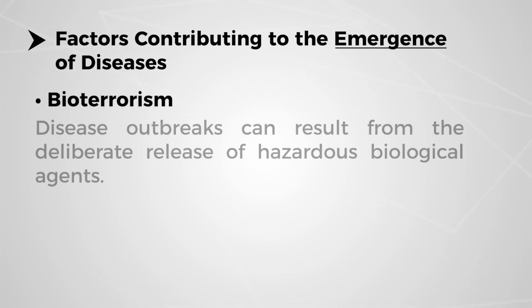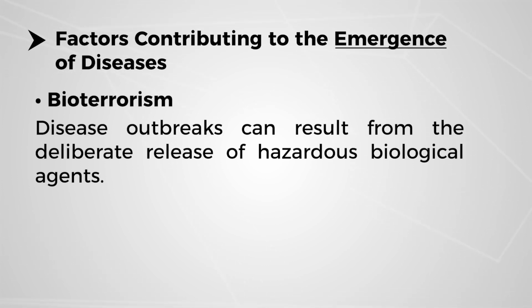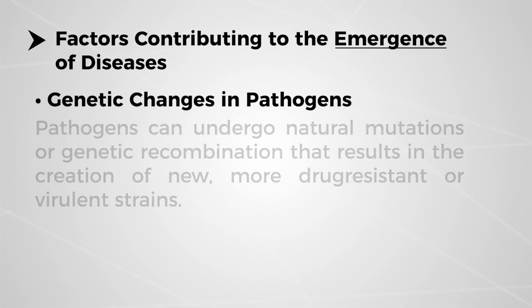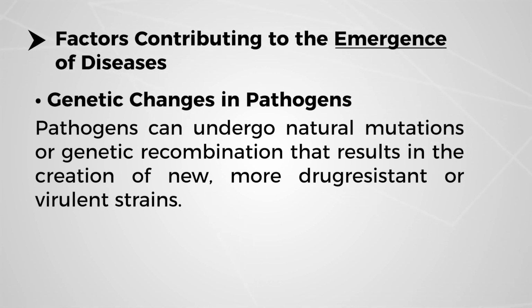Disease outbreaks can result from the deliberate release of hazardous biological agents. Genetic changes in pathogens: pathogens can undergo natural mutations or genetic recombinations that result in the creation of new, drug-resistant and more virulent strains.